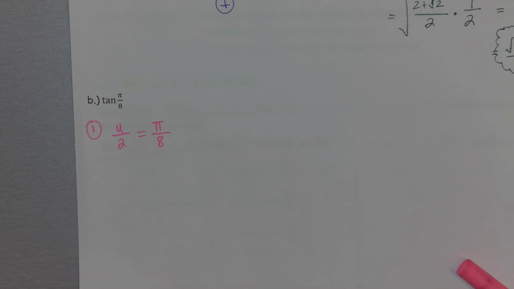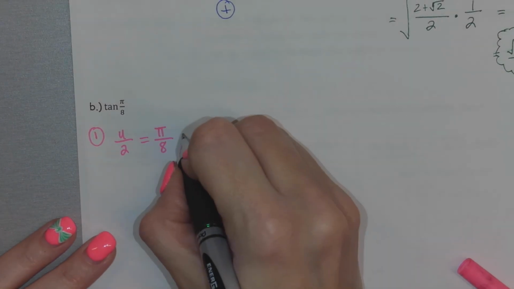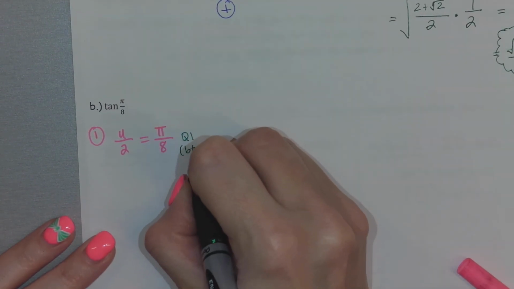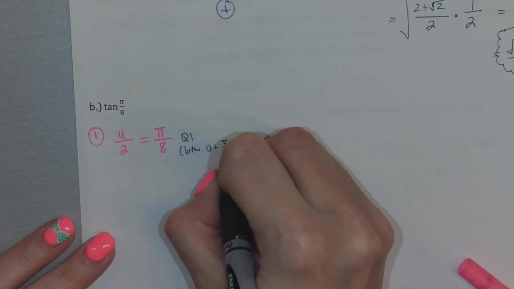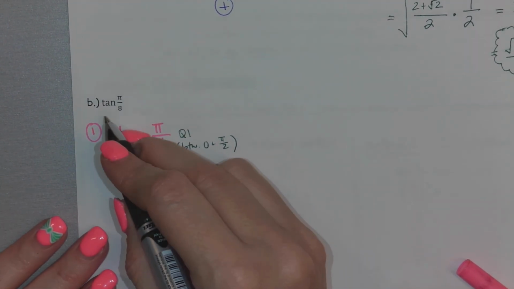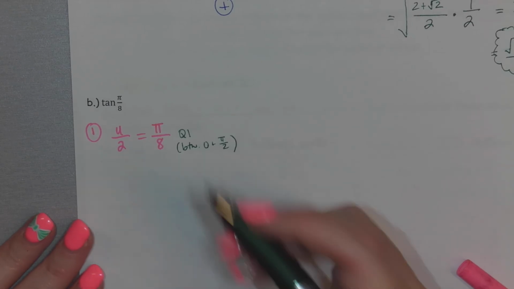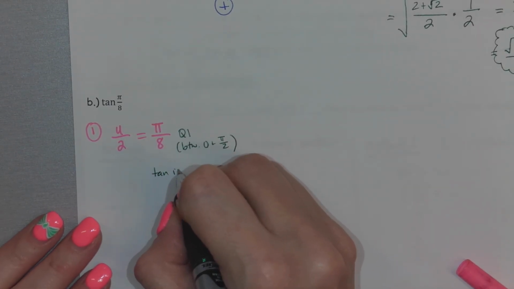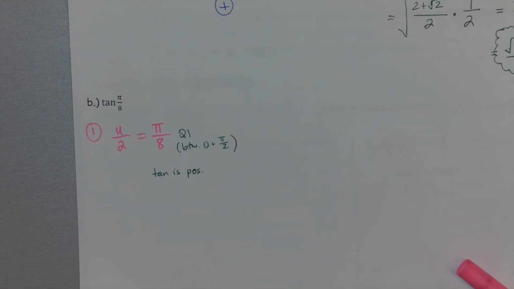So pi over 8, what quadrant would that be in? Yep, because it's between 0 and pi over 2. Okay, so that means the tangent is positive. Okay, and really, if it's the tangent, you don't have to find the plus or minus. I just want you to practice doing this step.